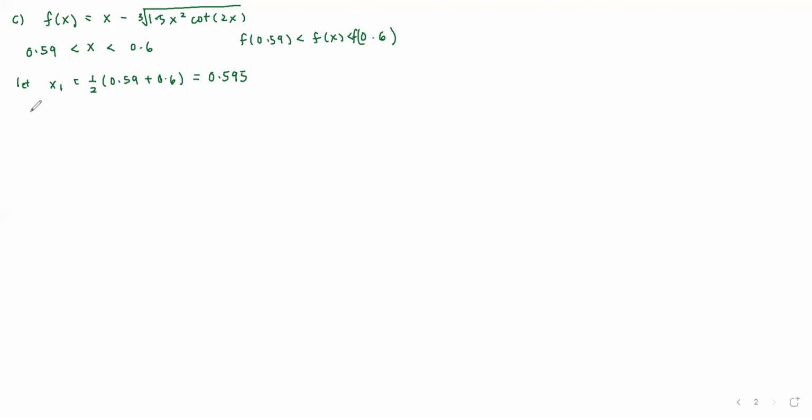So we find the value of f at x sub 1. So we evaluate f at 0.595. So you replace x with 0.595 into the function f, and we should get a value of negative 0.0018. So in that case, f of x sub 1 is negative 0.0018.